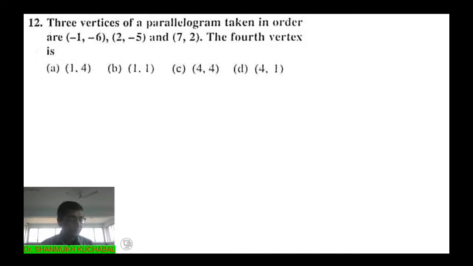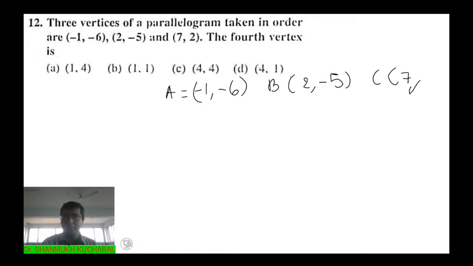Next, example number 12. Three vertices of a parallelogram taken in order are, that is we will take A equal to (-1, -6), B equal to (2, -5), C equal to (7, 2). The fourth vertex is, okay, so once again we have to remember this trick.